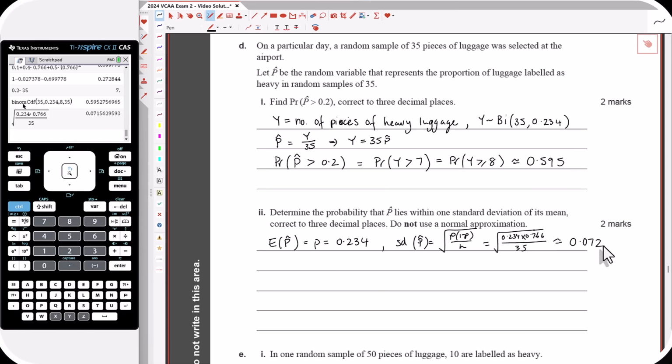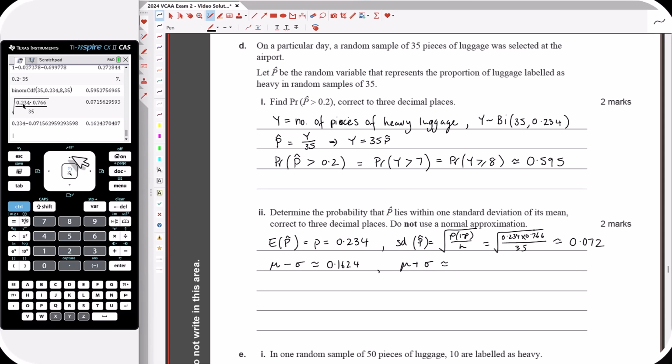Okay, so we want within 1 standard deviation of the mean. So the mean minus 1 standard deviation. My mean was 0.234 minus 1 of my standard deviations is 0.1624, and the mean plus a standard deviation is 0.3056.